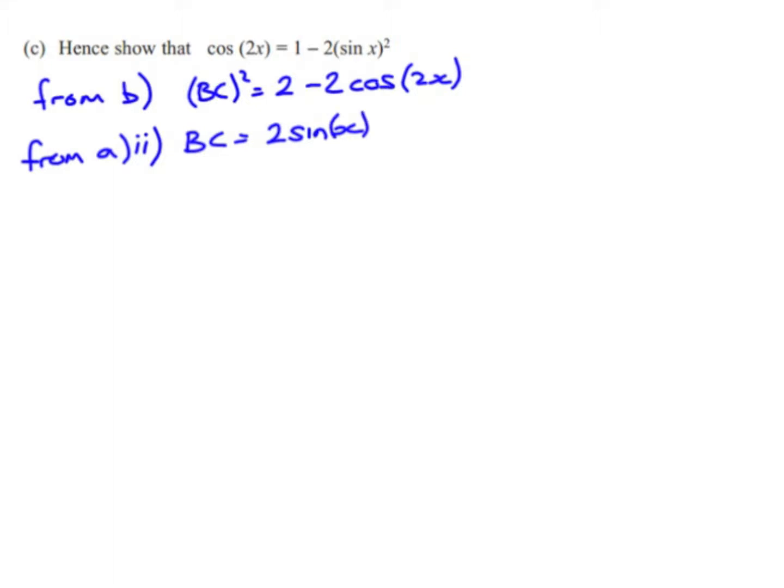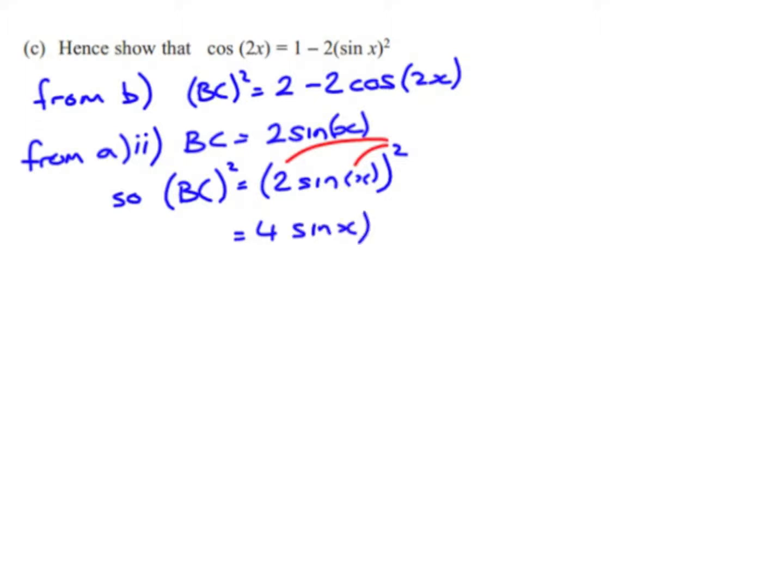Now what we're interested in is BC squared. So if I square the left hand side, I have to square the right hand side. Now to square this properly, I need to square the 2 and I need to square the sine x. So I get BC squared is equal to 4 times sine x all squared.